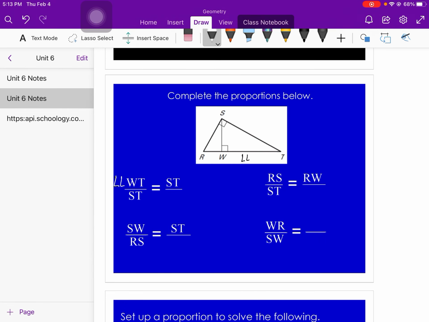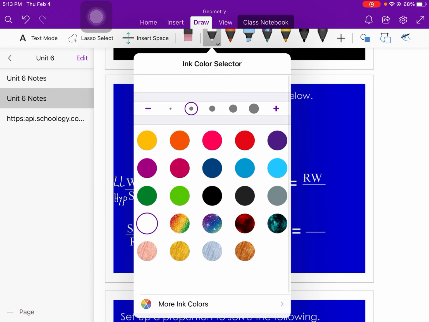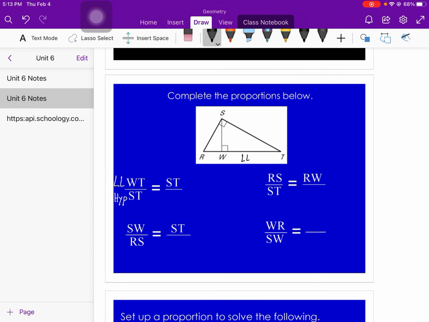And then ST, a part of that same triangle, it's the medium-sized triangle, is going to be the hypotenuse. So we need to find a long leg and a hypotenuse involving ST on a different triangle. Well, if you look at ST, it's a part of the big triangle and the medium-sized triangle.